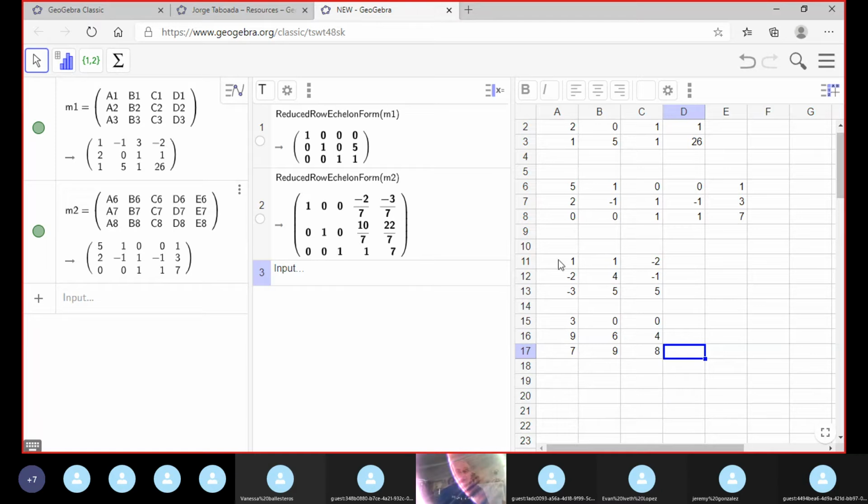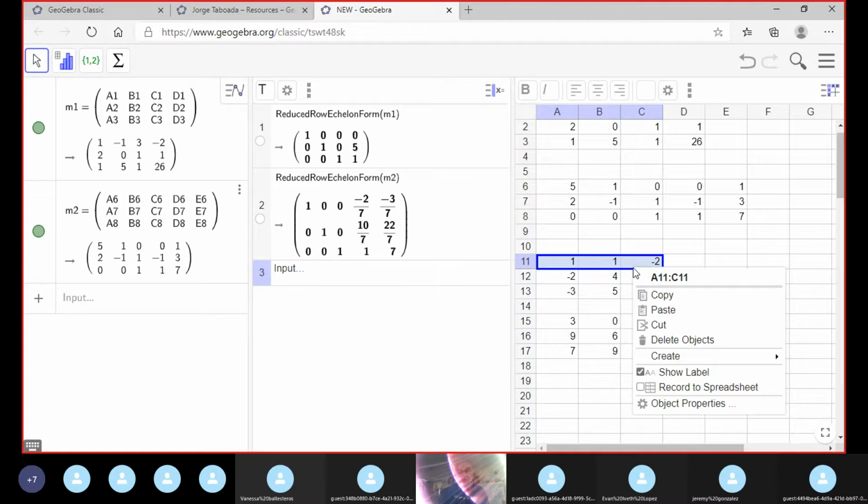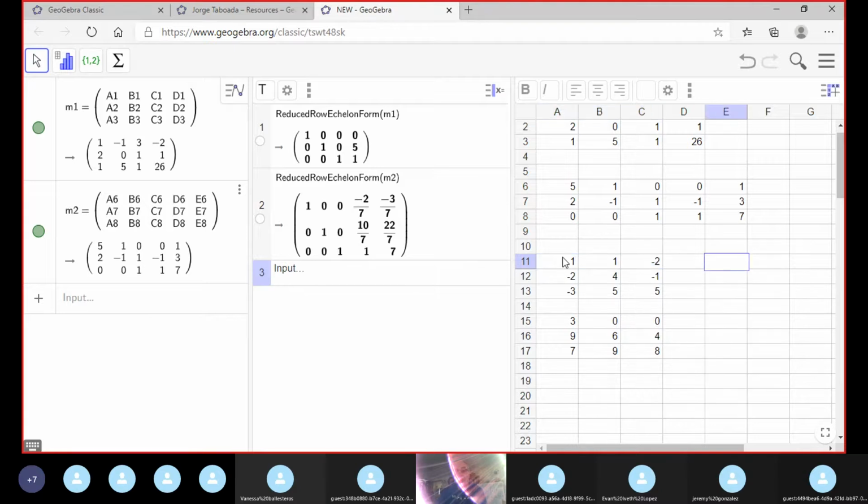I select the matrix of the number 12 problem. Right click on this. Again, the same problem. Okay, wait a sec. Let me try again. Okay, right click.